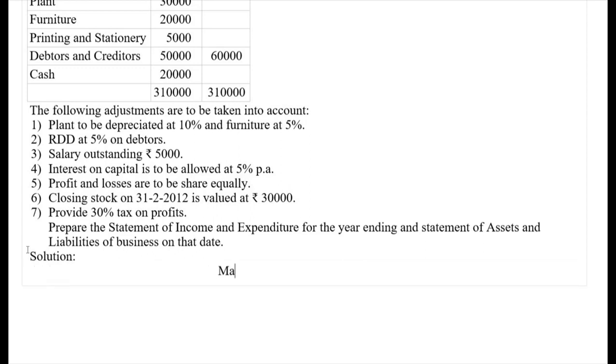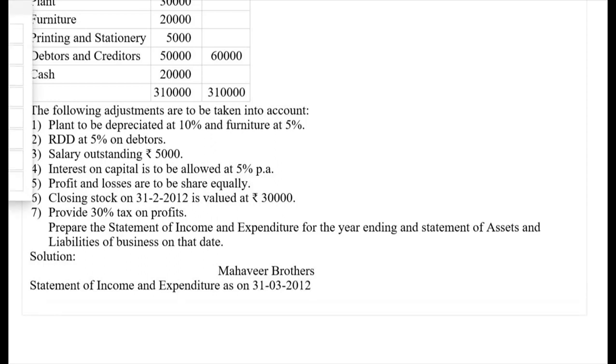So Mahavir Brothers, statement of income and expenditure as on 31/03/2012. Let me insert here particulars, this is inner column, one more inner column.